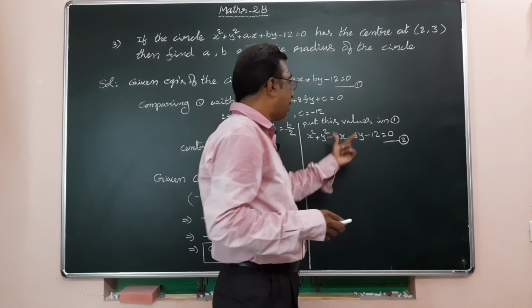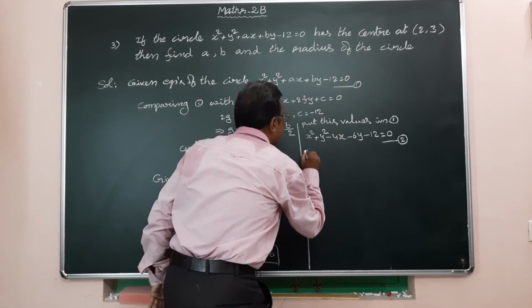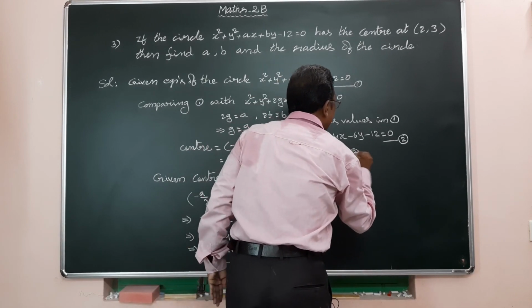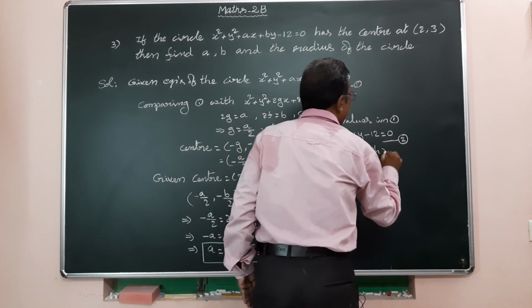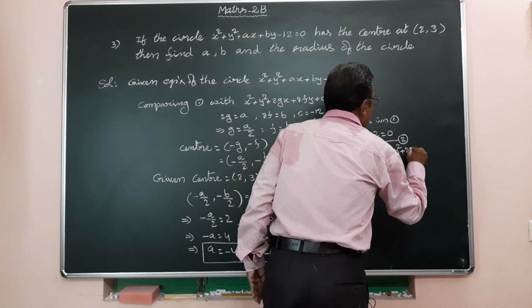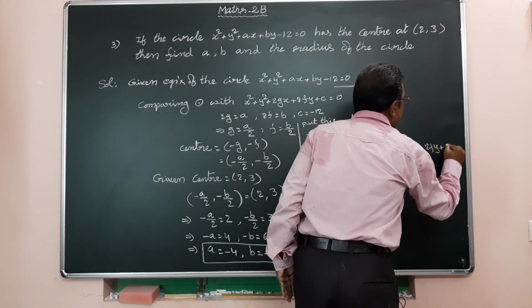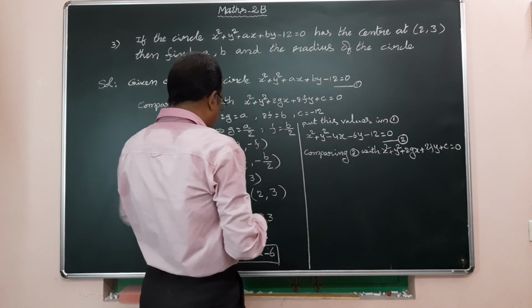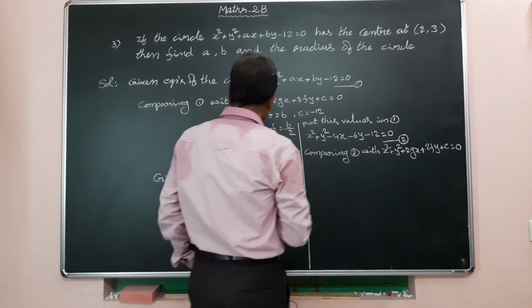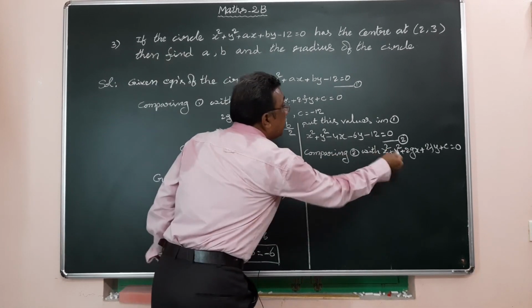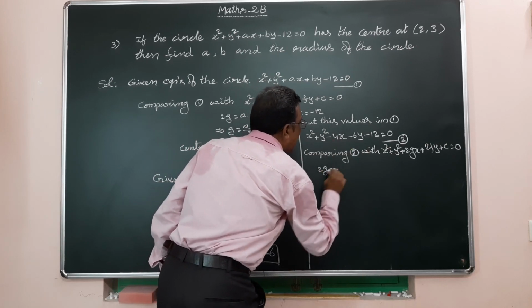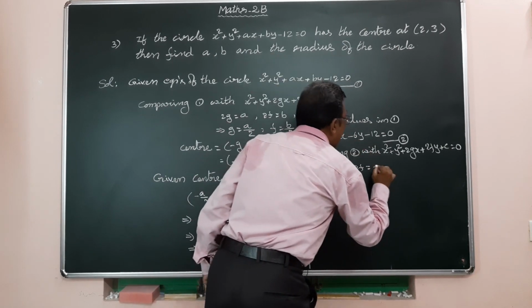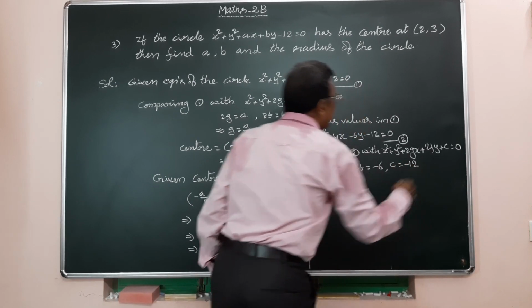Now comparing this equation 2 with the general form x square plus y square plus 2gx plus 2fy plus c equal to 0. 2g equal to x coefficient minus 4, 2f equal to y coefficient minus 6, c equal to minus 12.